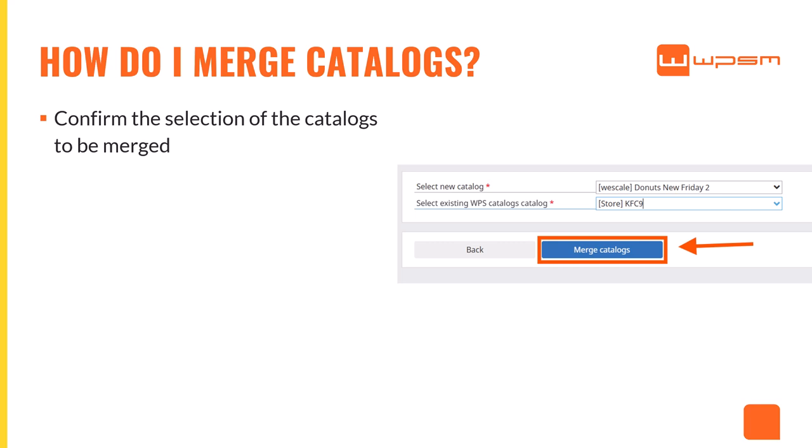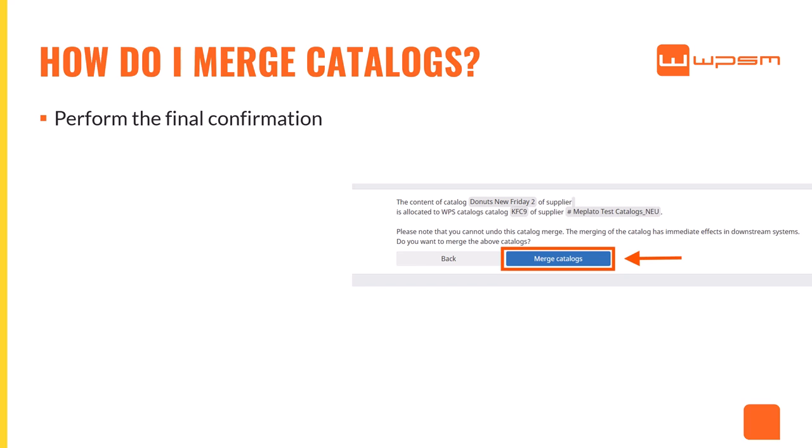Click on the button labeled Merge Catalogs. In the next overview, you will receive a warning that the merging of the two catalogs cannot be undone by you. Confirm finally by clicking Merge Catalogs.